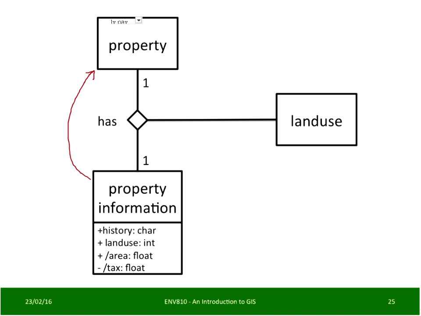So what I meant previously with land use was something like this. You would have one would be residential, two industrial, three nature, etc. So this is what we call a code list.